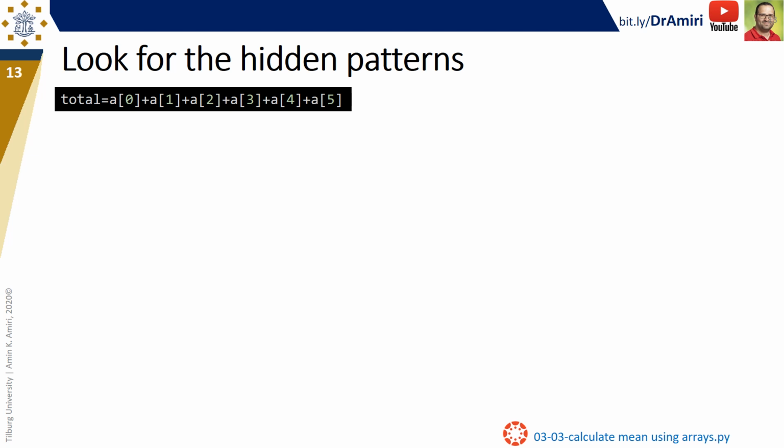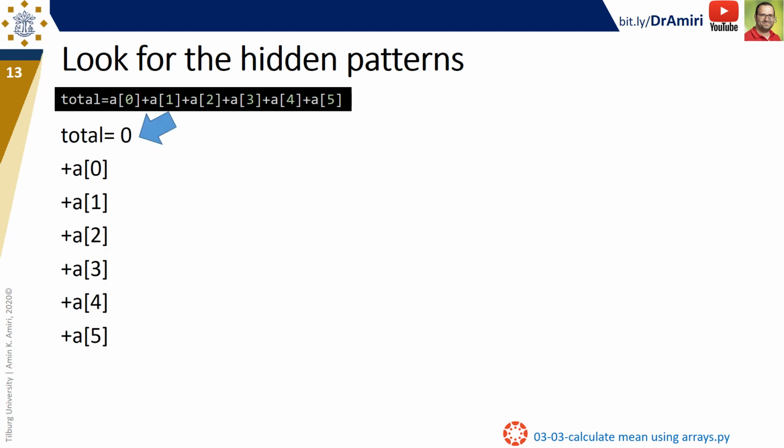To be able to extract that pattern, first you need to write them in several lines in a way that you can figure out the pattern. So here I can turn this sentence to total equal to 0 plus A0 plus A1 plus A2. This is exactly the expression that you saw in black with the black background.